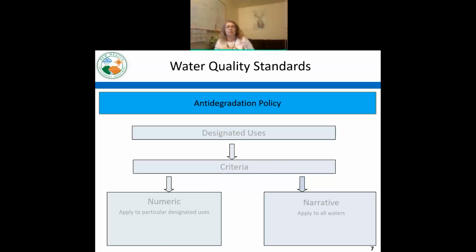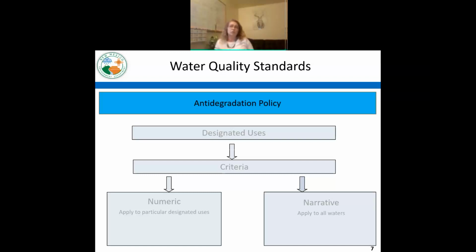The second tier of protection under the anti-degradation policy is for those waters that are exceeding the highest possible designated use. And then at a minimum, and applicable for all waters of the state, the anti-degradation policy protects for the existing uses.